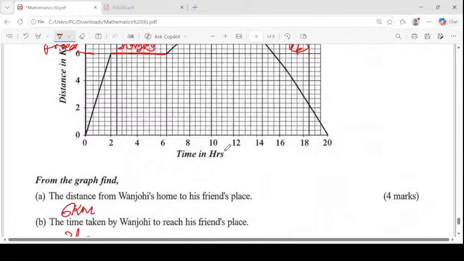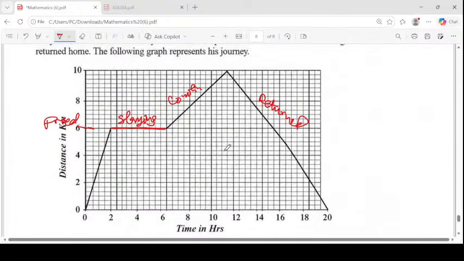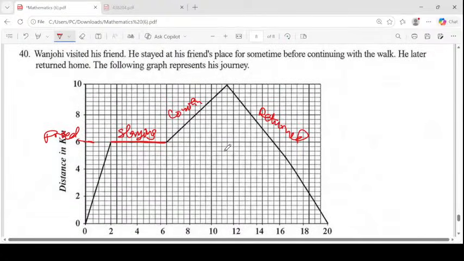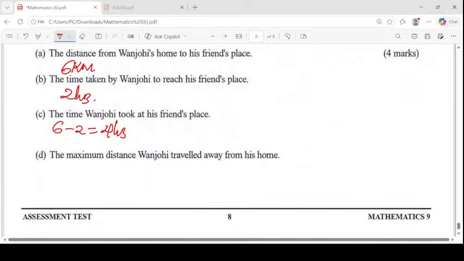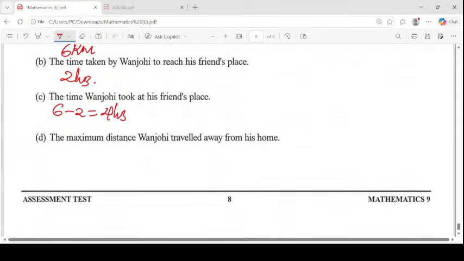So away from his home, the maximum distance he traveled is here, which is 10 kilometers. 10 kilometers is the maximum distance. So that is how you could have done that particular question paper.